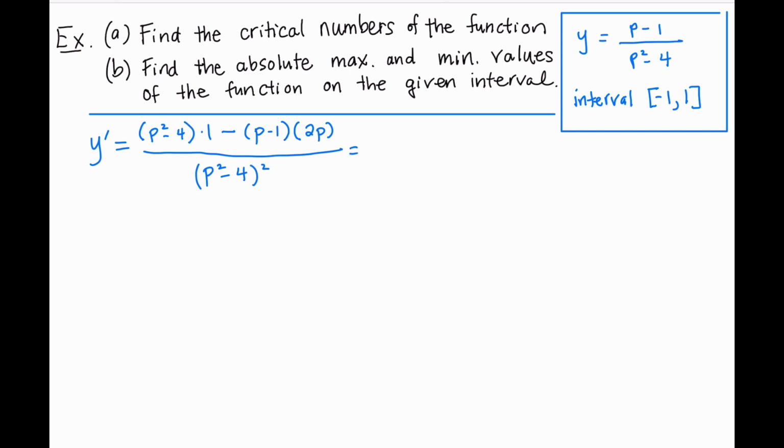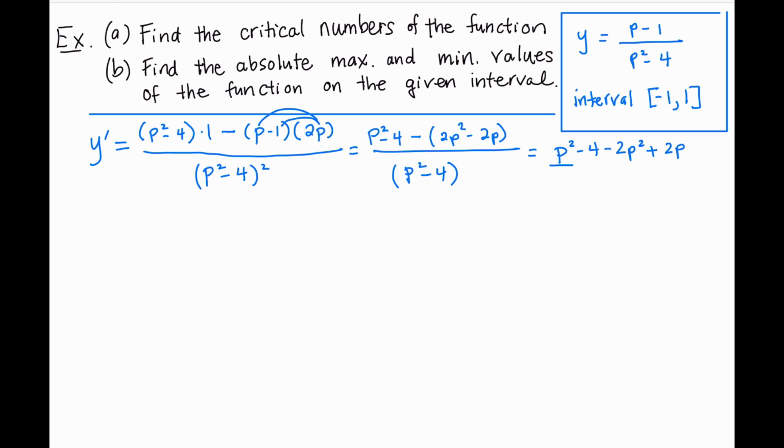So I'm just going to clean this up a little bit. I get p squared minus 4 minus, and I'm going to distribute here, 2p squared minus 2p, over (p squared minus 4) squared. And then remember to distribute the negative. So over here I have p squared minus 4 minus 2p squared plus 2p.